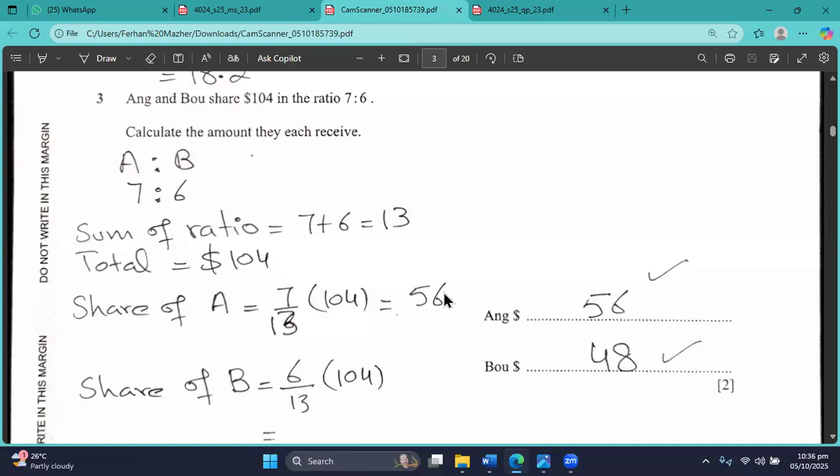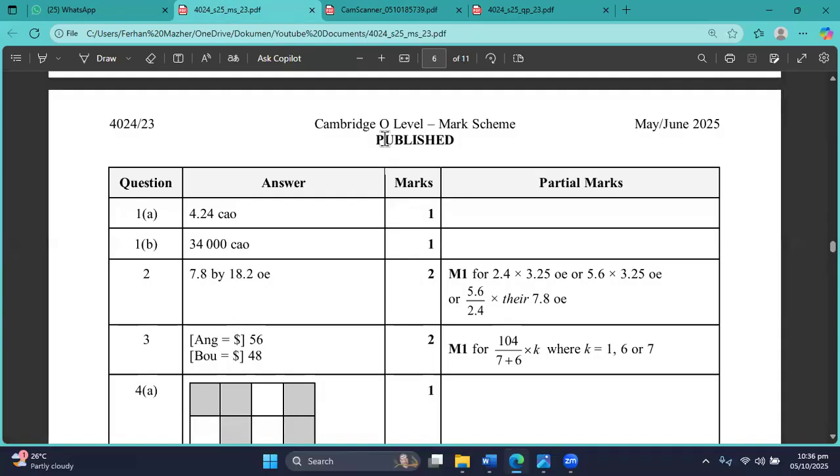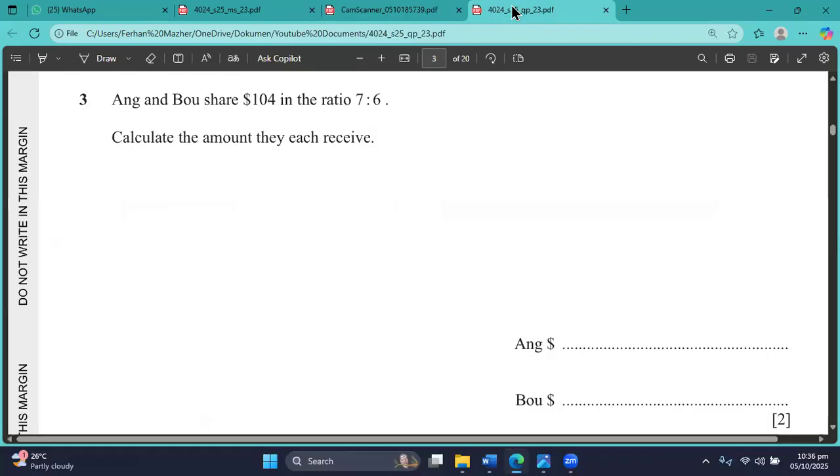That's $56. Bo's share will be 6 divided by 13, multiplied by the total money to be divided, 104, and that will be $48. So Ang will receive $56 and Bo will receive $48. This is how you will do this.